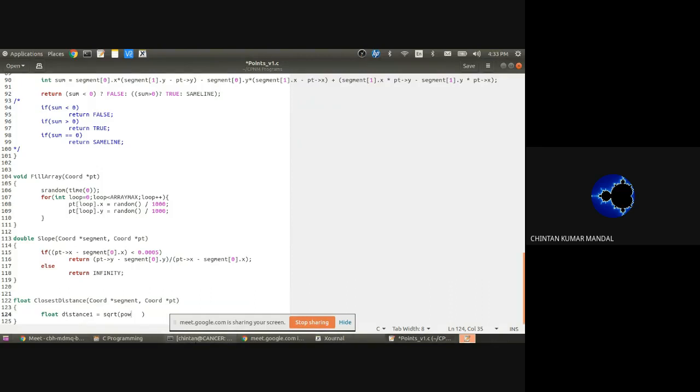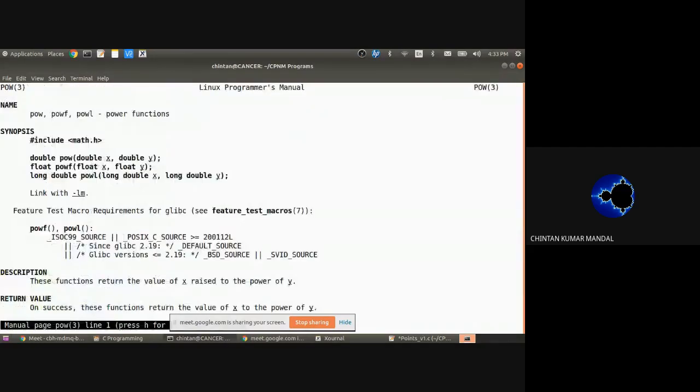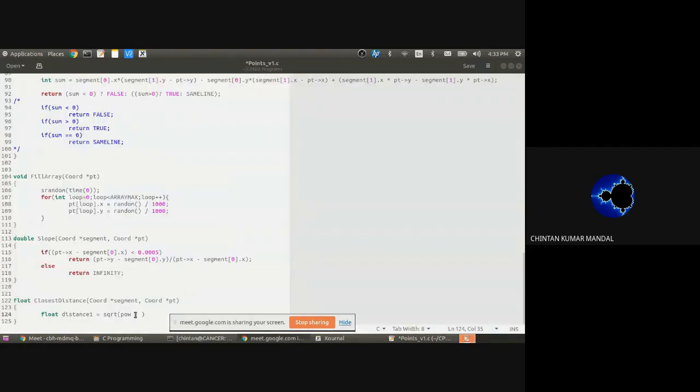There is a function by the name of pow. It's a power function, takes in x to the power of y. So I can use powf because all of them are basically f. So powf, what is that value?